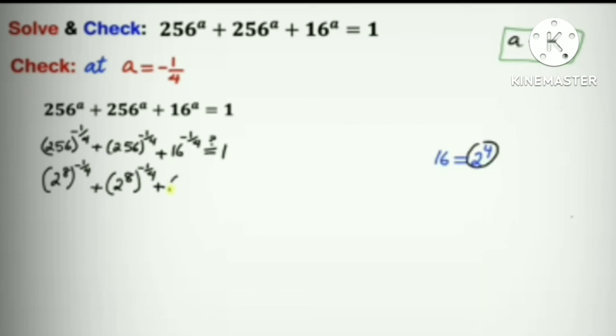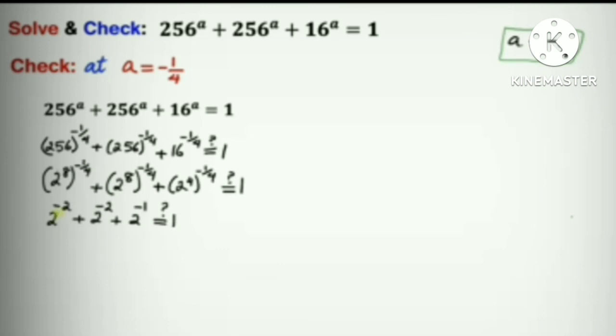So therefore I can write (2^4)^(-1/4). And in this next step, let's go ahead and multiply out these nested exponents. So this could be written as 2 power negative 2. Now we can see 2 power negative 2 could be written as 1 over 2 squared, plus likewise 1 over 2 squared, plus this could be written as 1 over 2. Is it equal to 1?